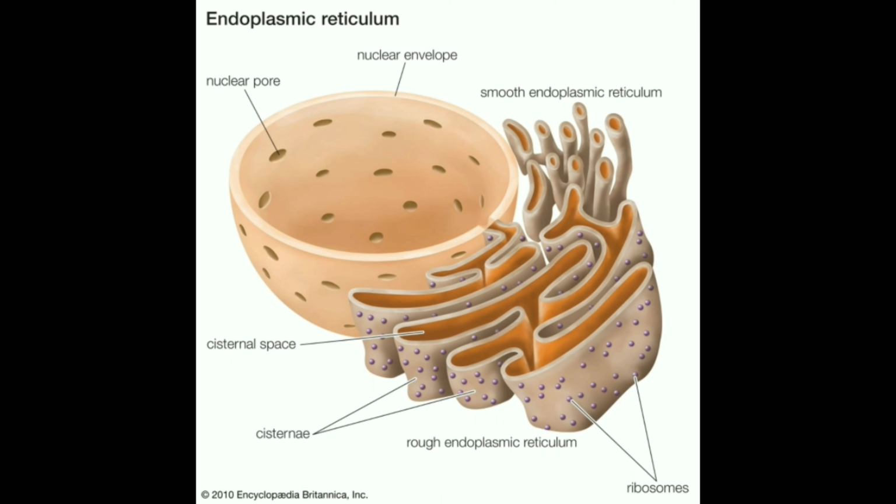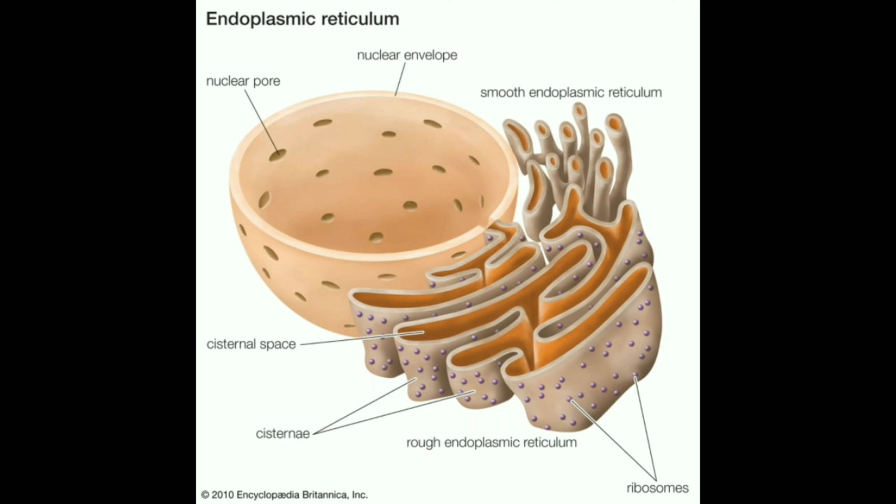Now, the seventh one, endoplasmic reticulum. We observe a network of passages in the cytoplasm for transport of substances. This is known as the endoplasmic reticulum. It is of two types based on the location of ribosomes. The first one, smooth endoplasmic reticulum, that is, areas or sections that do not have ribosomes.